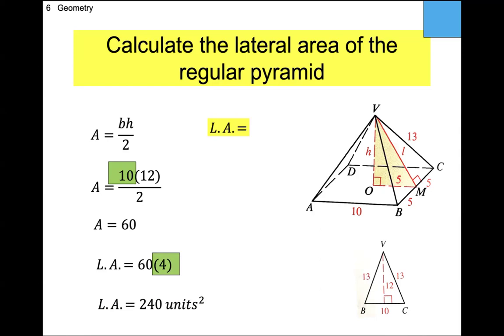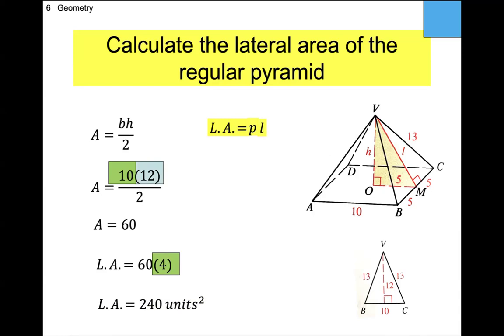If you think that through, we're eventually going to be multiplying by 4, and 10 times 4 is 40, and 40 is the perimeter of the base. So in other words, we could shorten this formula by changing it from base times height divided by 2 times the number of triangles, to perimeter times the height divided by 2.